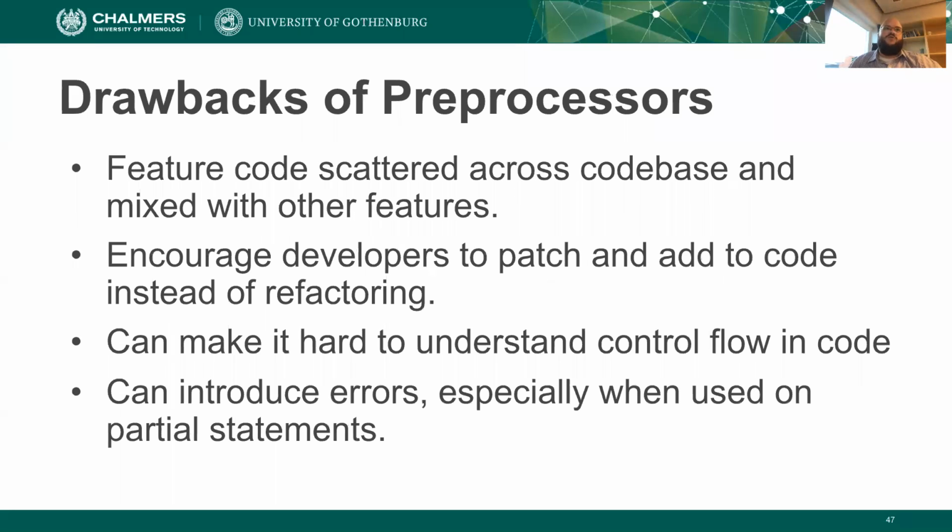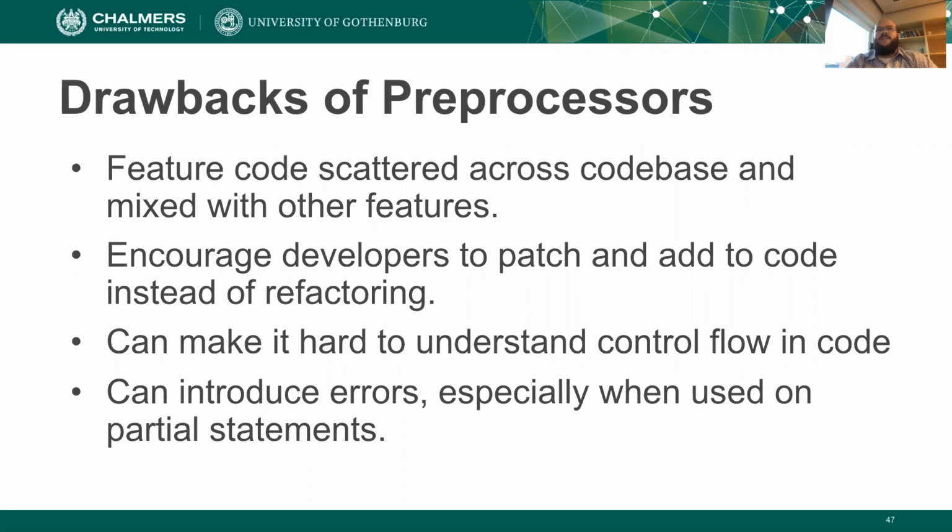They have some major drawbacks though. Feature code is scattered across the code base. It's often mixed with code of other features. There's no real support for encapsulation of features separate from other features. And even when code is roughly separated into distinct files, annotations are scattered across them and remain to inject feature code into the base code.